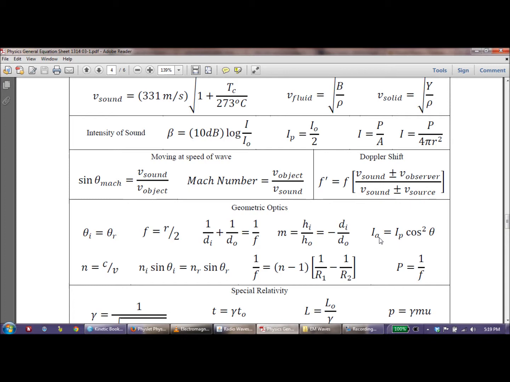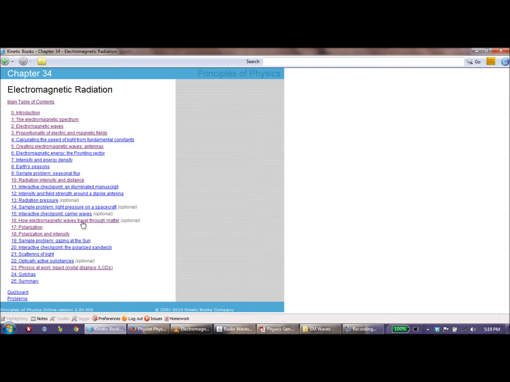The intensity after an analyzer is the intensity after the first polarizer multiplied by the cosine of the angle between them squared. So these are really the only equations we have. The intensity reduces like it does with sound, and then we have the intensity due to the polarizers and how it goes through distance.